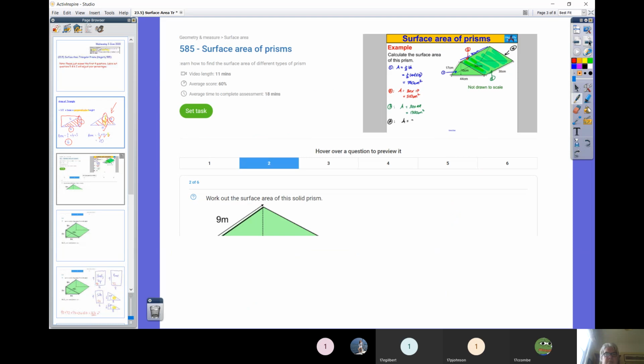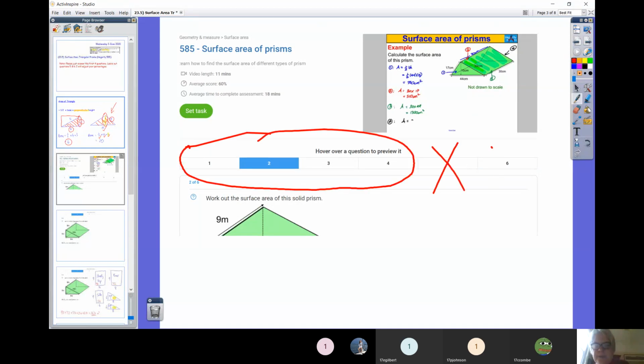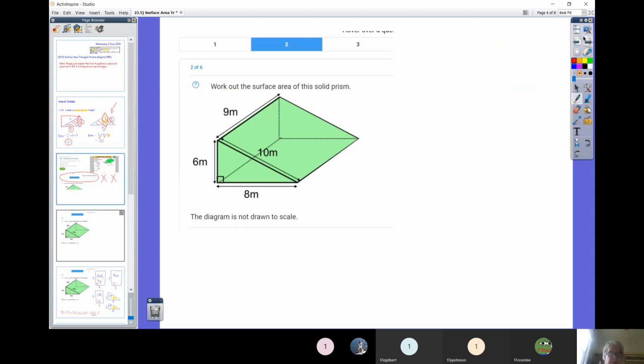so as I said, the task you're going to be doing is 585, but you're just going to do the first 4 questions. You're going to leave 5 and 6. So work out the surface area of this solid prism.